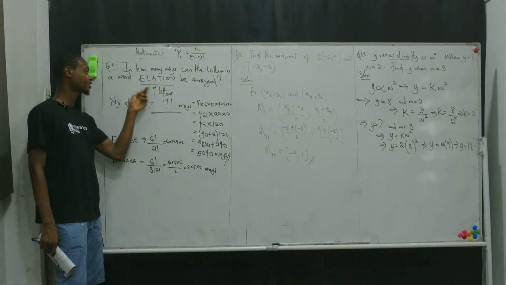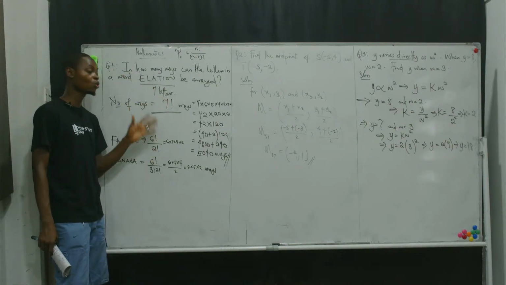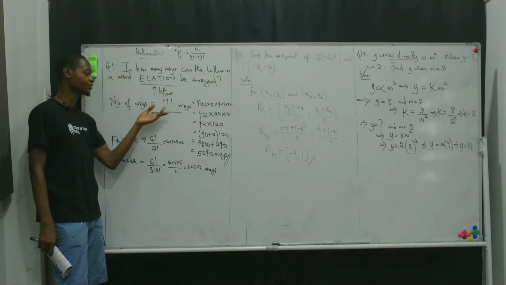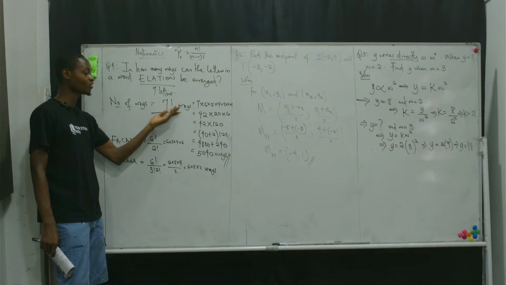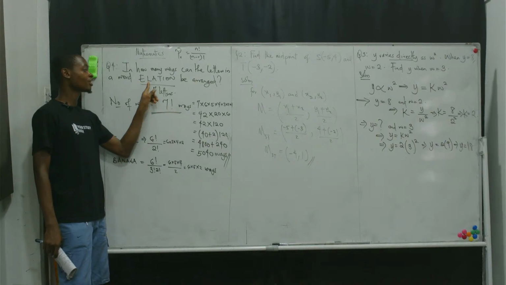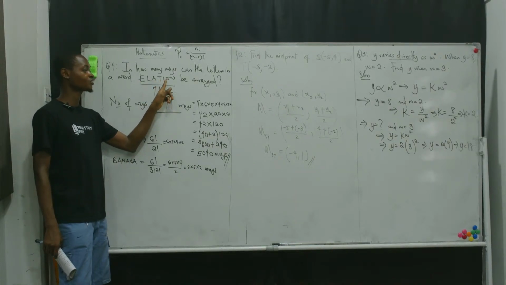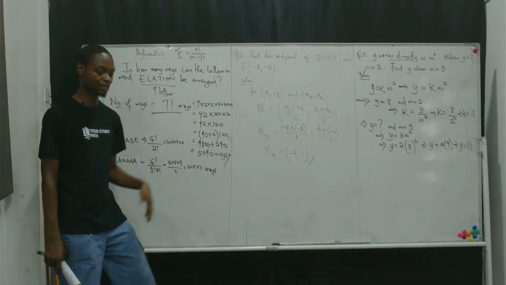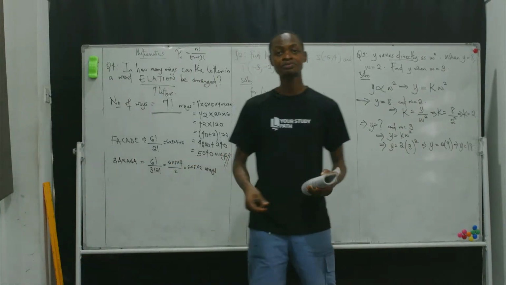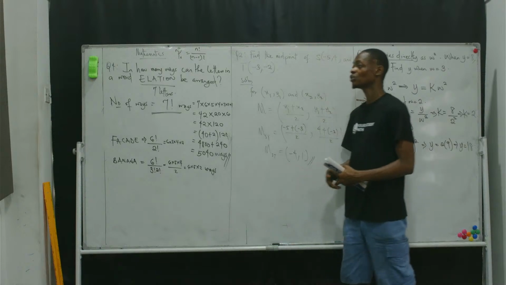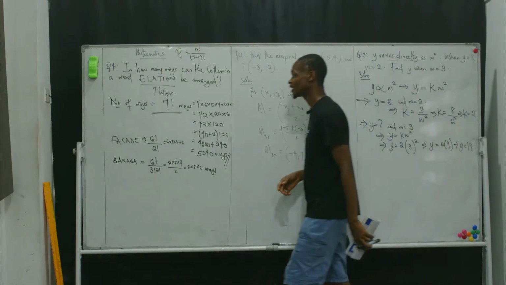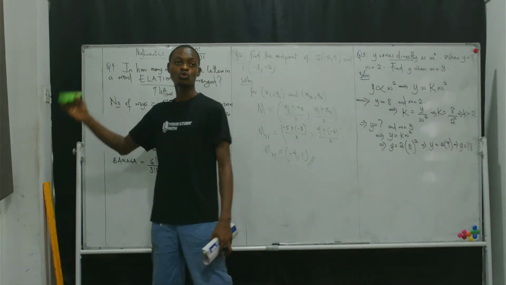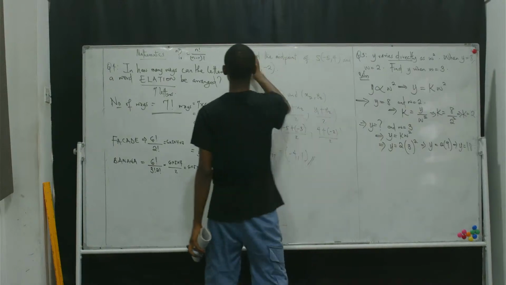But in this case of elation, there is no repeated letter, so you will just have 7 factorial. It's just like saying 7 factorial divided by 1 factorial, 1 factorial, and so on for each letter. So that's just divided by 1. That's why you still have it as 7 factorial. So this is exactly how an arrangement question would look like, of course.